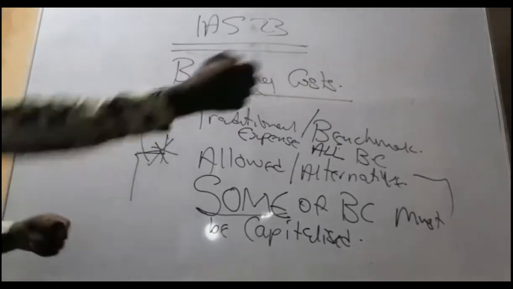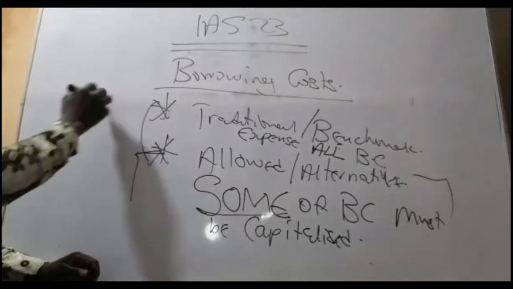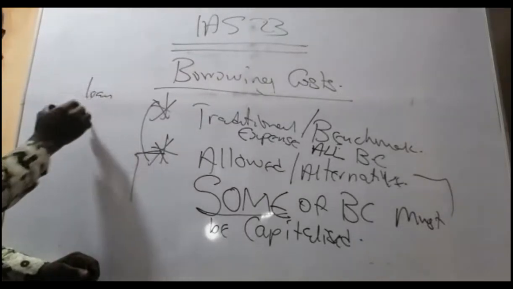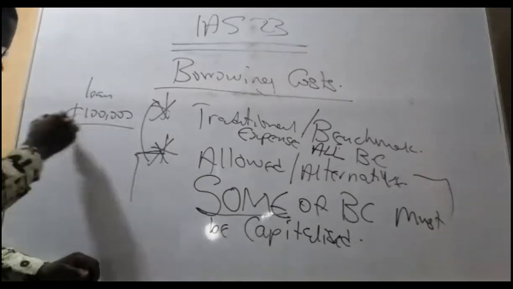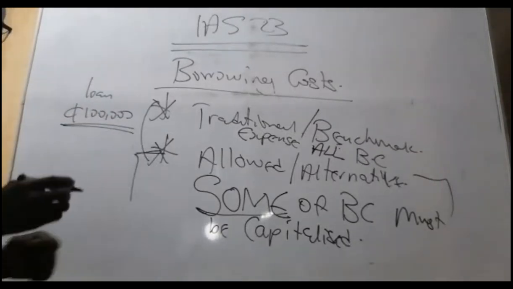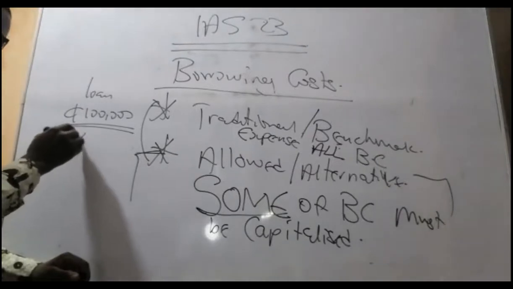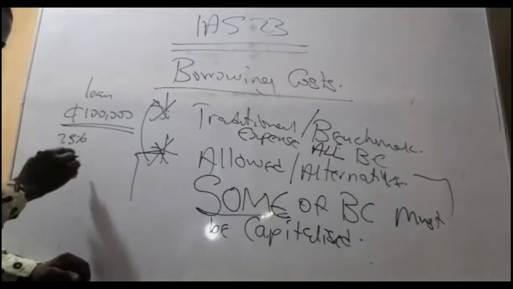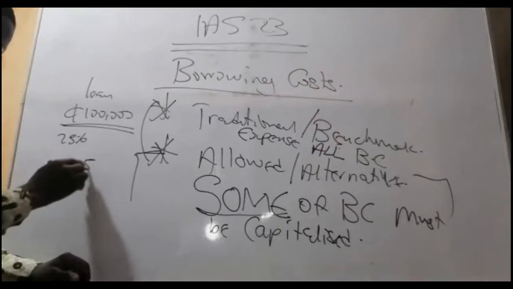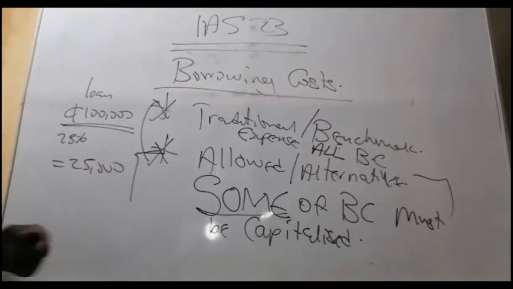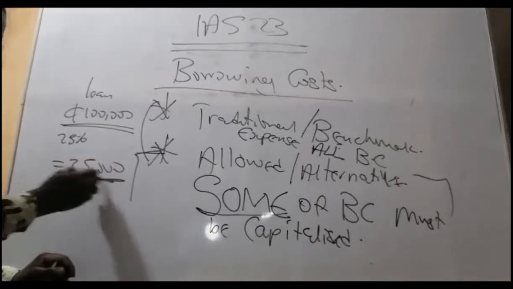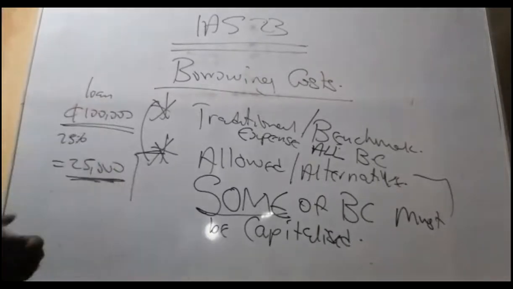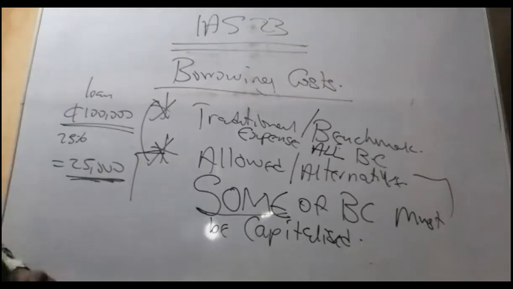If you pick a loan of, let's say, 100,000 Ghana cedis, and then you are paying interest at the rate of 25% per annum. So the whole year the interest will be what? 25,000. Capitalized means you are allowed to add the interest of 25,000 to the capital amount of 100,000, so that the asset cost now becomes what? 125.